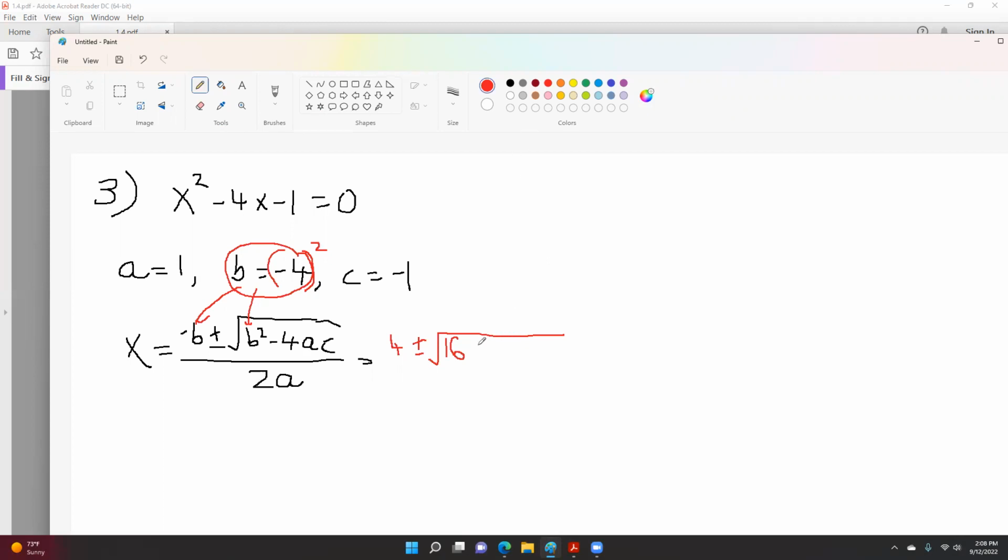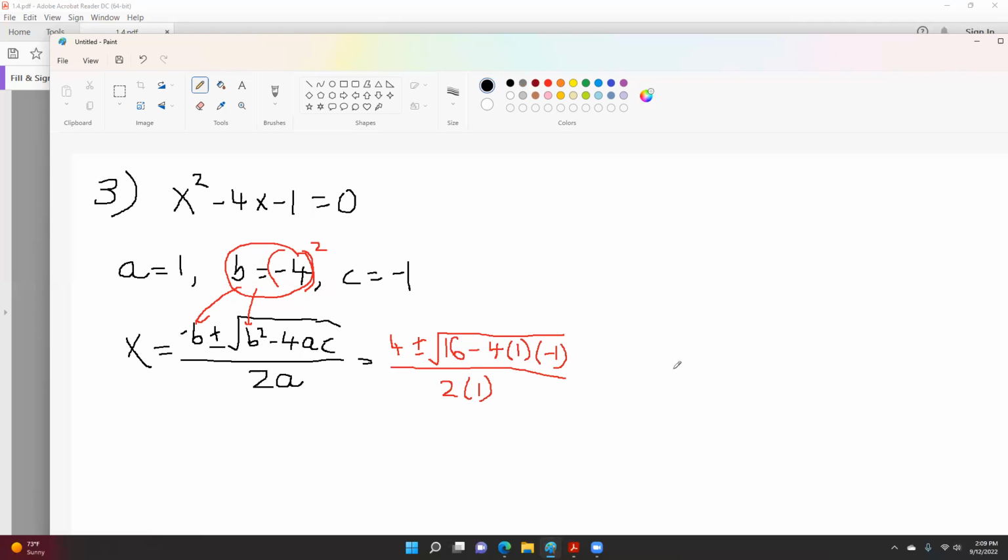Okay. And then we have -4 times A. A is 1 and C is -1. So we got A is 1, C is -1, all over 2 times A, which is 1. So you just plug all this into your quadratic formula.